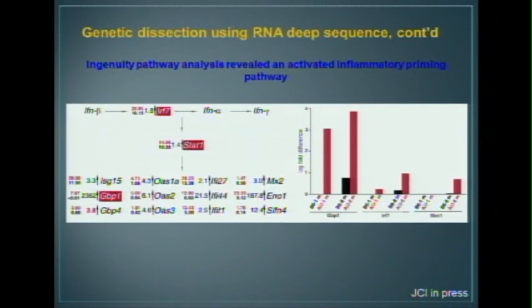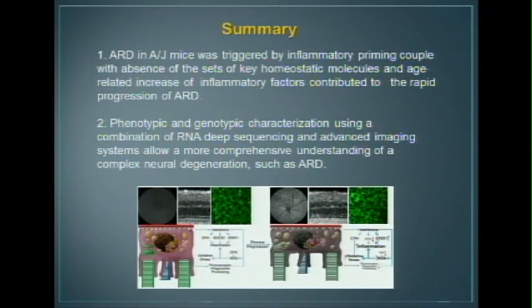And the more important thing is that this signal is increased by aging, compared with the older-month AJ mouse. So these factors, combined with the downregulated tissue maintenance factors, induce the severe type of age-related retinal degeneration in the AJ mouse.